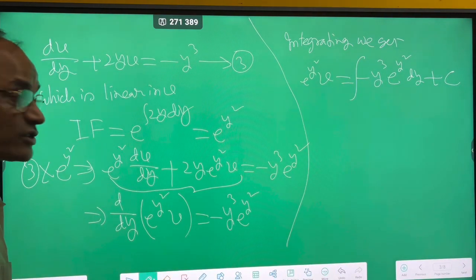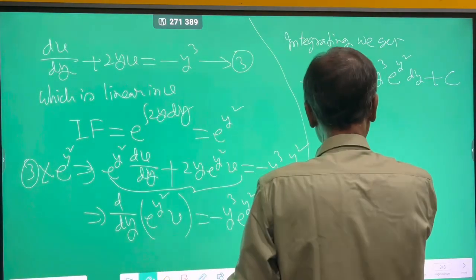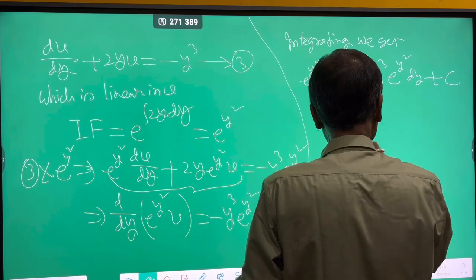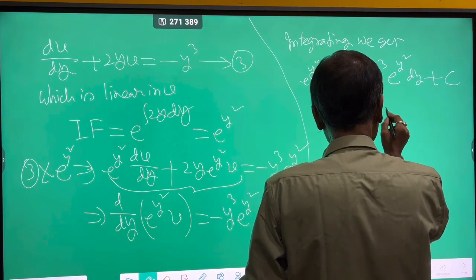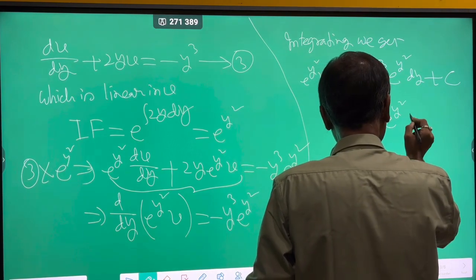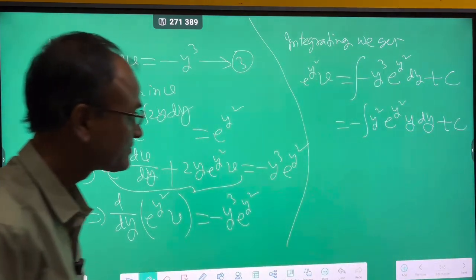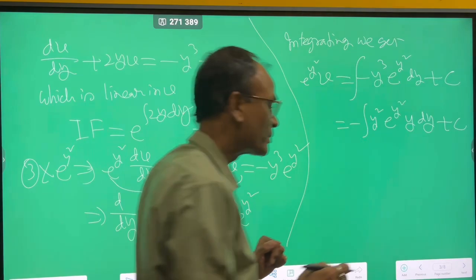Or you may write minus integral y square e to the power y square y dy plus c. You may write like this. Suppose this is number 4.